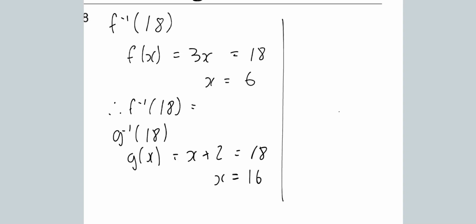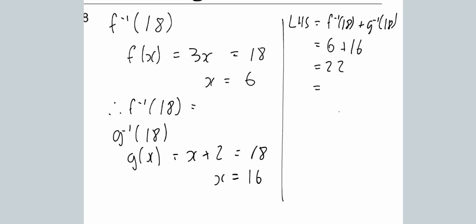Here's a slightly fancy way of doing it. You say left-hand side equals f⁻¹(18) plus g⁻¹(18). That's what LHS stands for, the left-hand side of the equation, which equals 6 plus 16, which equals 22, which equals the right-hand side. And then you could say quod erat demonstrandum, thus it is proven, or thus it is shown.